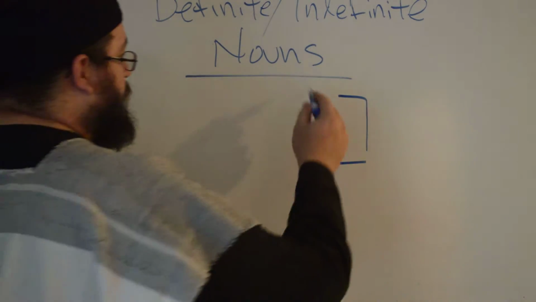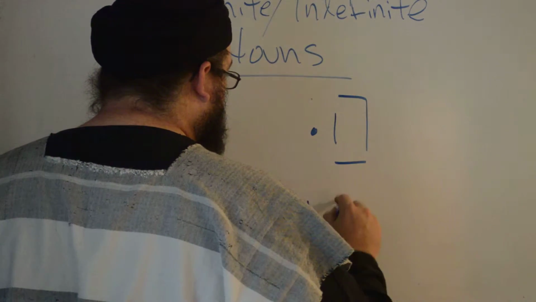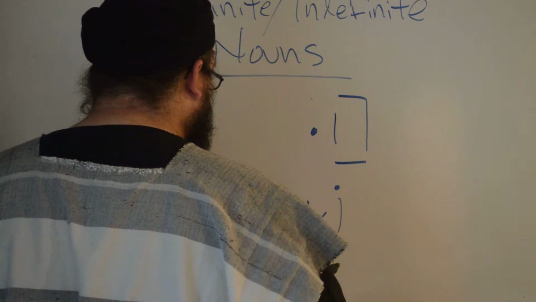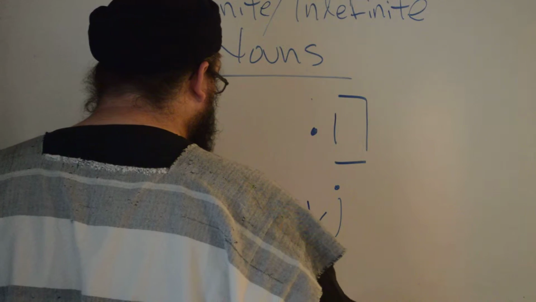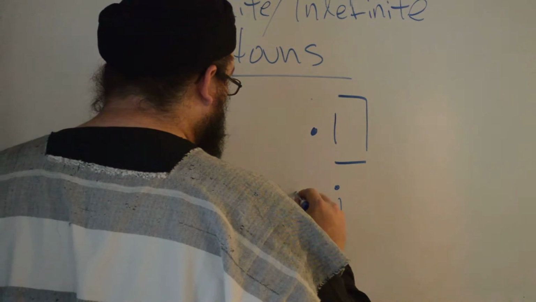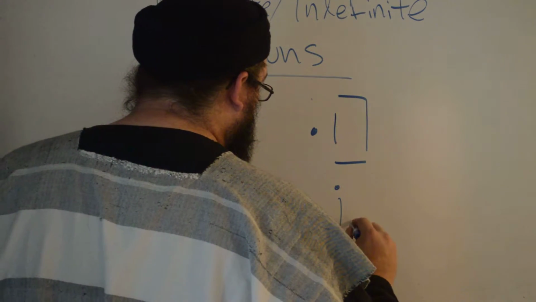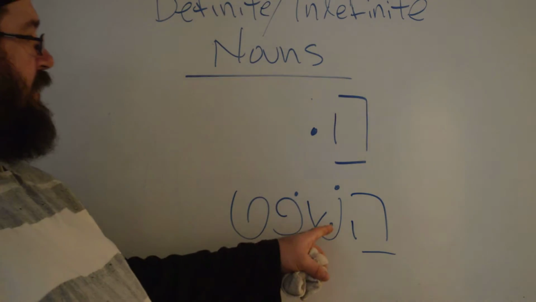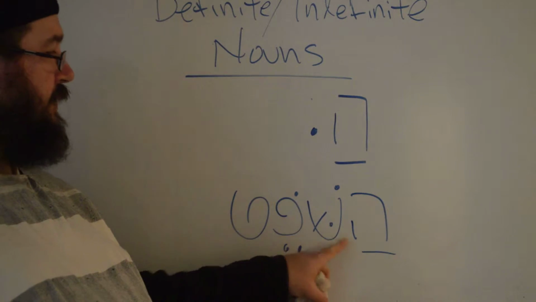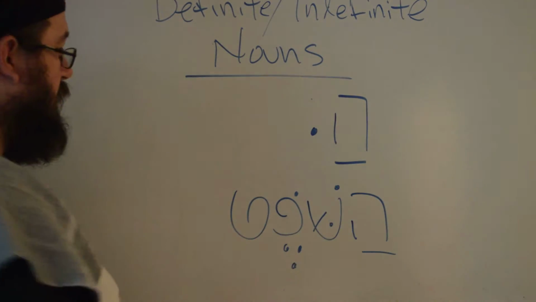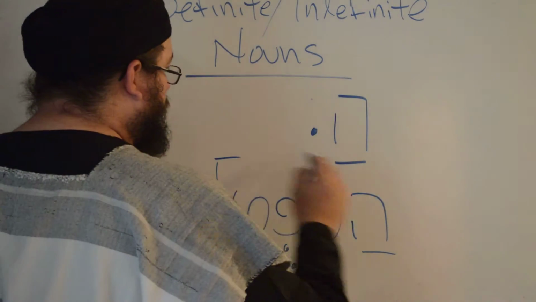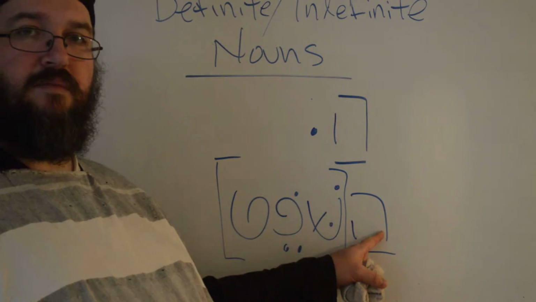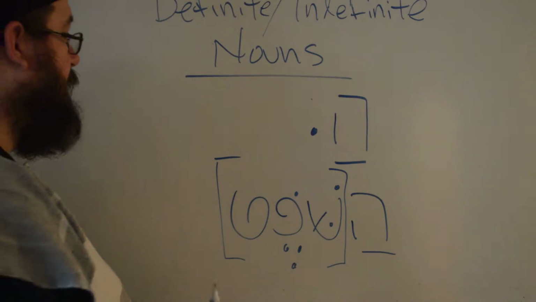For example, ha-shofet: here you see a dot in the shin, but you see the hey here. I know this word shofet means judge, alright? So ha-shofet means the judge, okay?